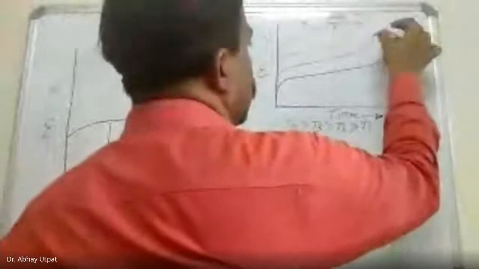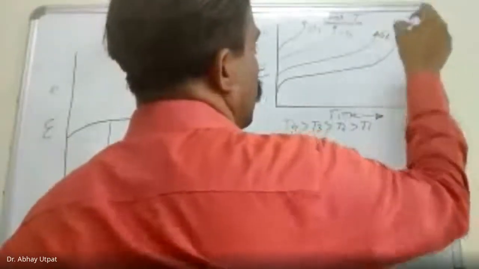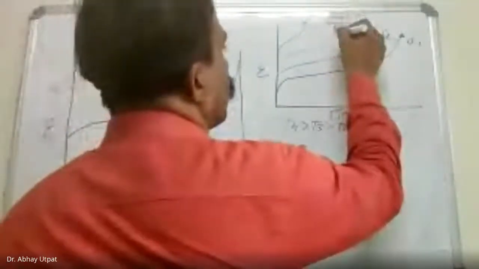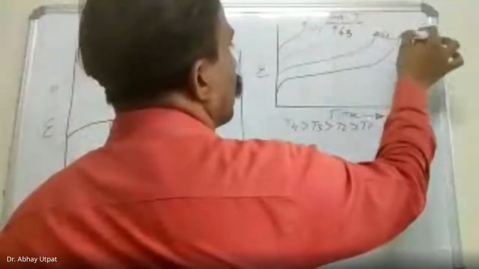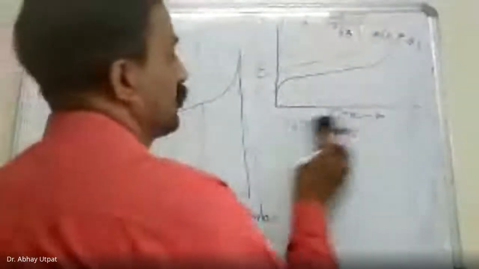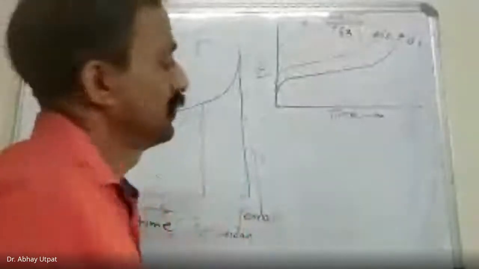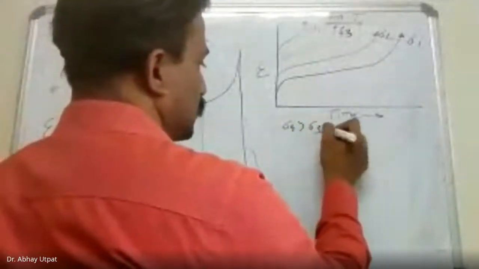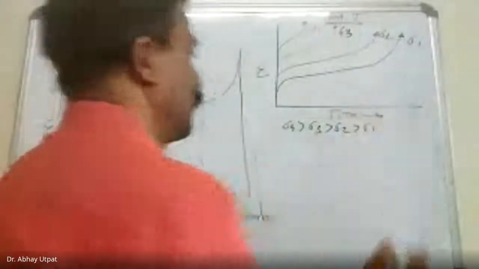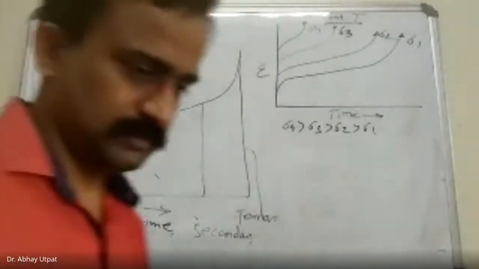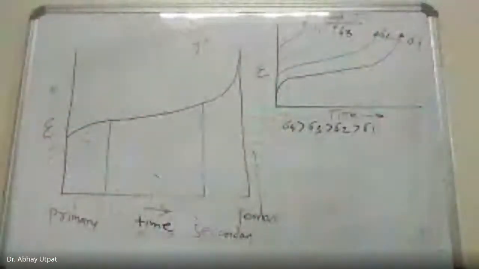Sigma 4, Sigma 3, Sigma 2, Sigma 1. The pen is not working today. Constant temperature, Sigma 2, Sigma 3, Sigma 4. So stress Sigma 4 is greater than Sigma 3, greater than Sigma 2, greater than Sigma 1. Draw this figure.